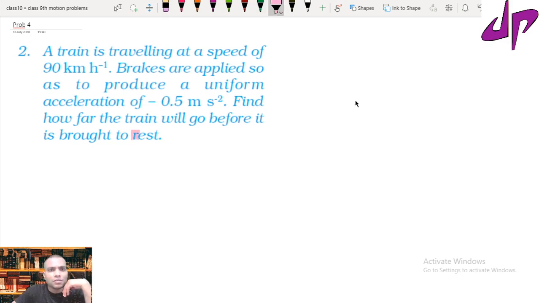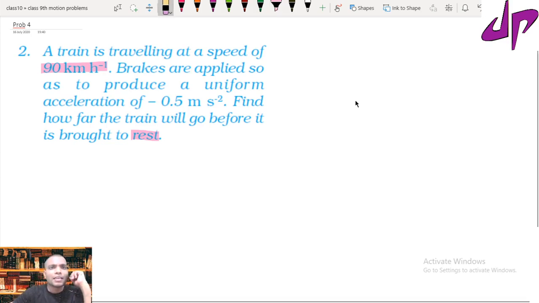So here these words are important. The train came to rest. We applied the brakes when the train is at 90 km per hour. The acceleration is decreased. After applying the brake and before it comes to rest, the train covers a certain distance.